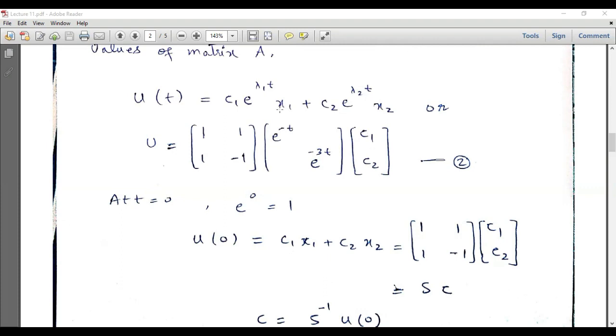And x1 and x2 are written as this S matrix. So if we multiply these three matrices at the end, we will get this equation. So this equation and this matrix form, they are similar. So we can substitute this C equal to S inverse u(0) in this equation.